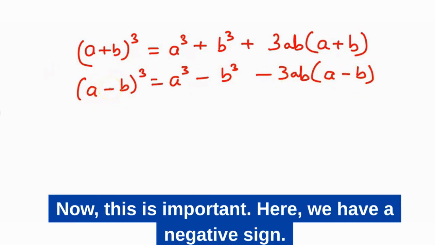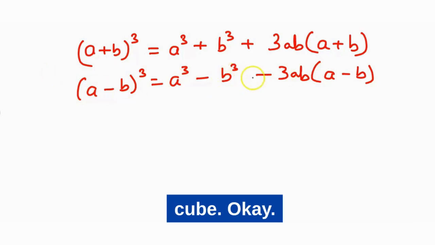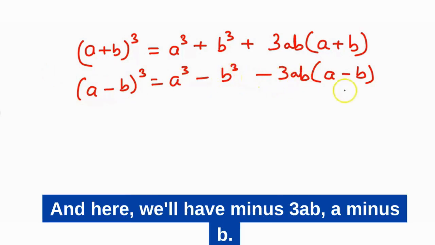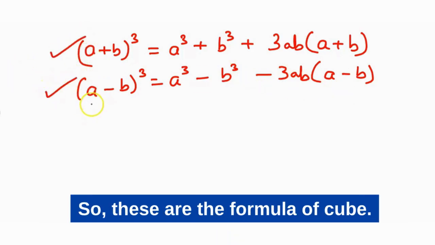Here we have a negative sign. Minus B whole cube is going to be minus B cube. And here we'll have minus 3AB, A minus B. Sign does matter in cubing. So these are the formulas of cube.